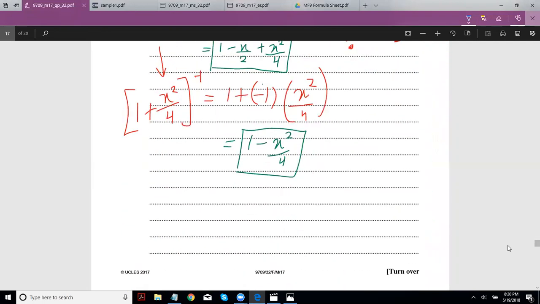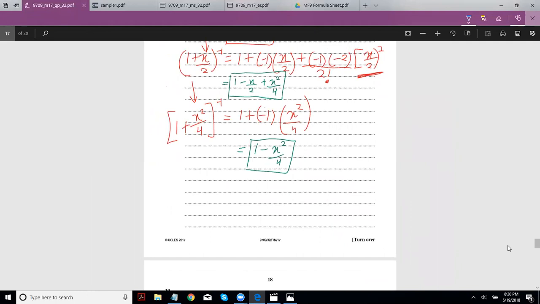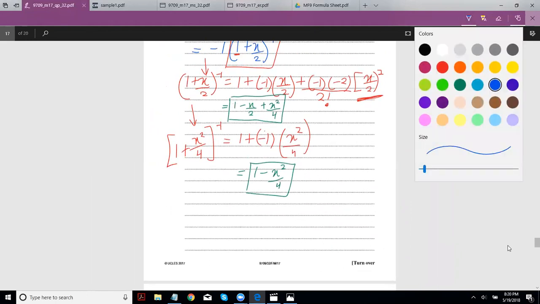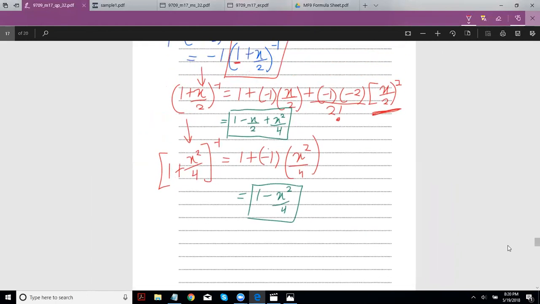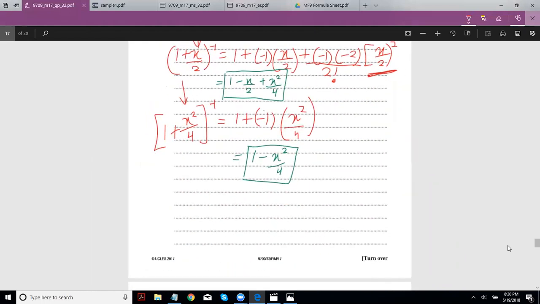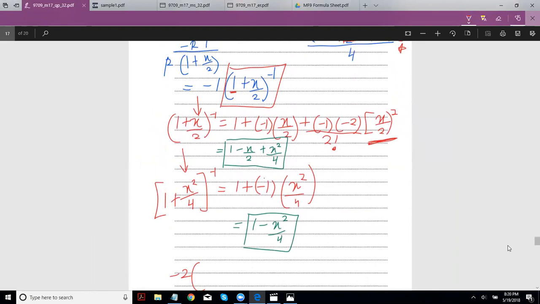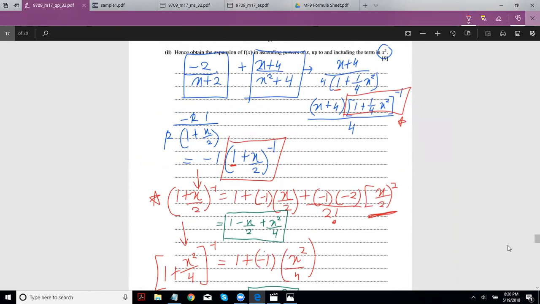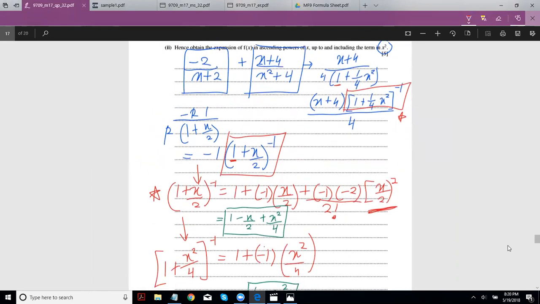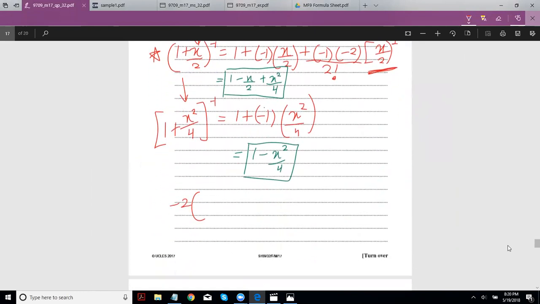All right. So if we put that in, we get minus 2, and then we have this particular expansion because that was what 1 upon x plus 2 basically.